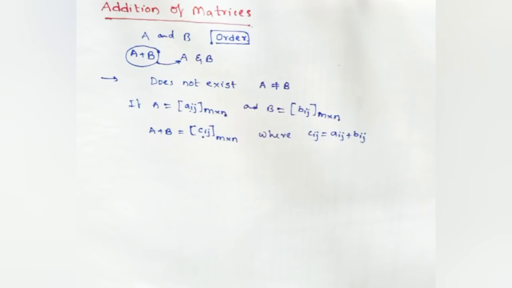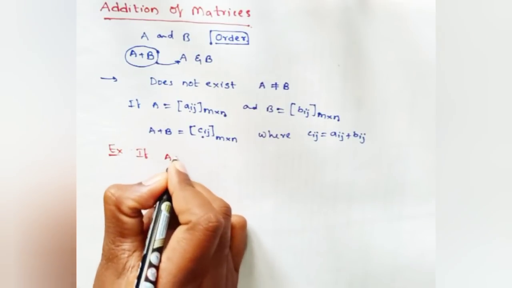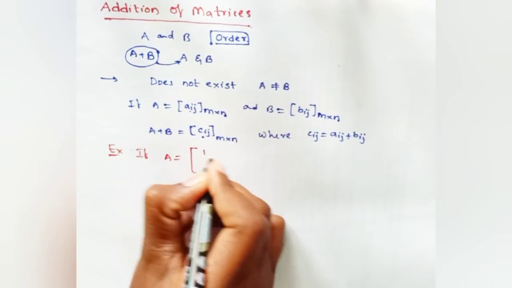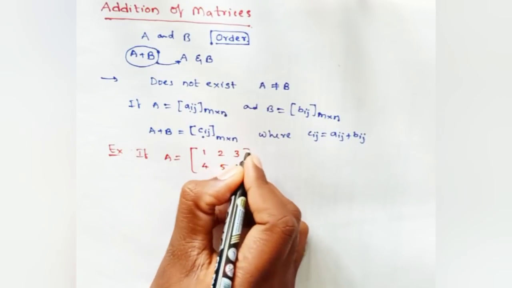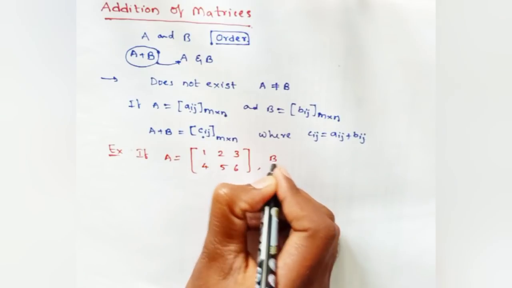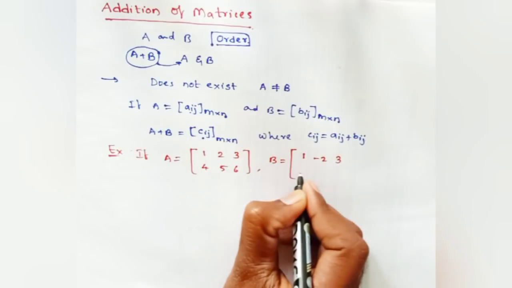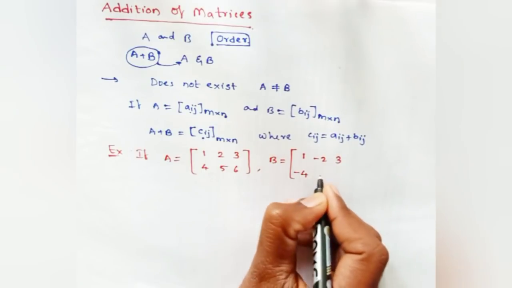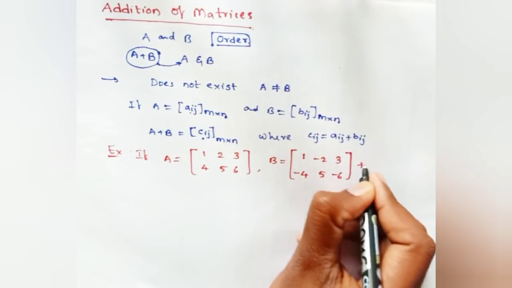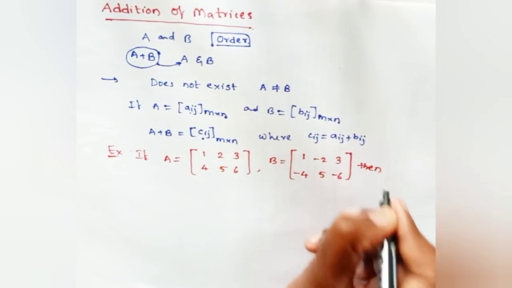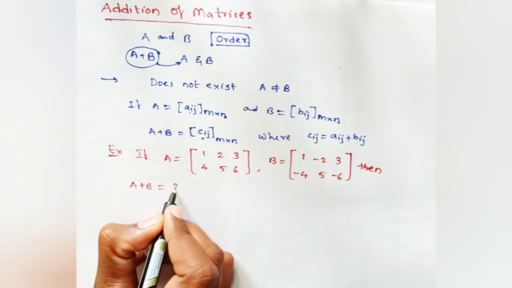Consider one example. If A is equal to 1, 2, 3, 4, 5, 6 and B is equal to 1, minus 2, 3, minus 4, 5 and minus 6, then A plus B is equal to what?